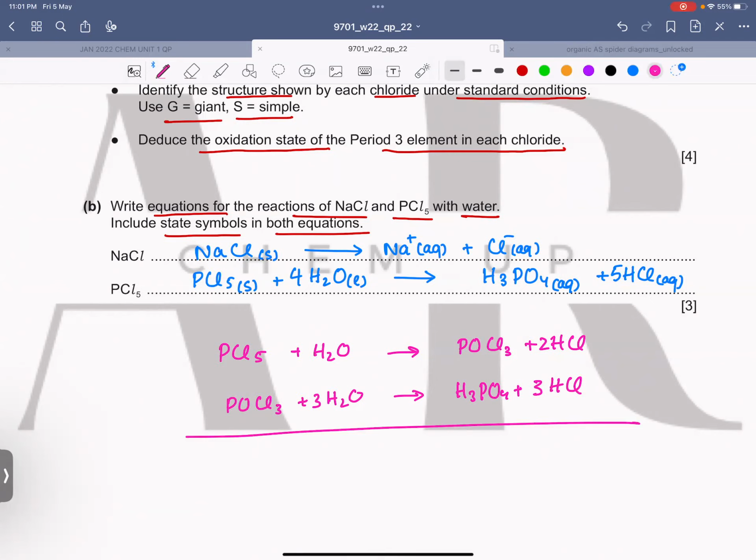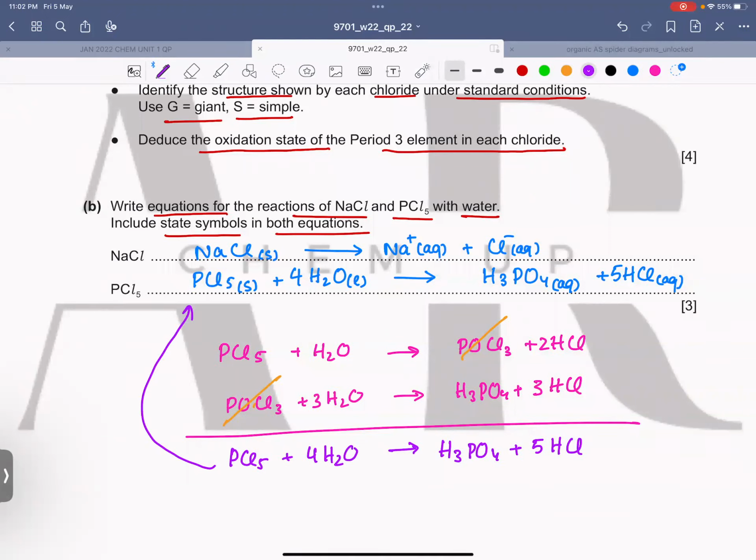So if I add both of them, I would cancel out this POCl3 and this POCl3. Now, if you see, we are left with PCl5 and 3 + 1, 4 water molecules. There is no POCl3 on the product side as well. I would get H3PO4 phosphoric acid and 5 moles of HCl. See the above equation I have made.